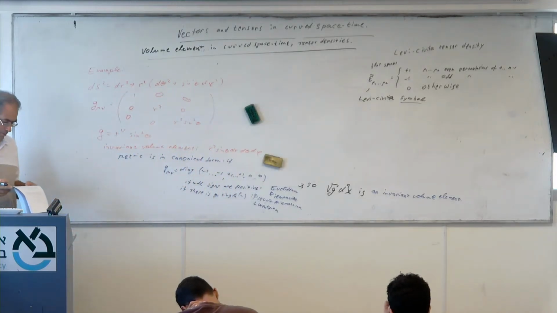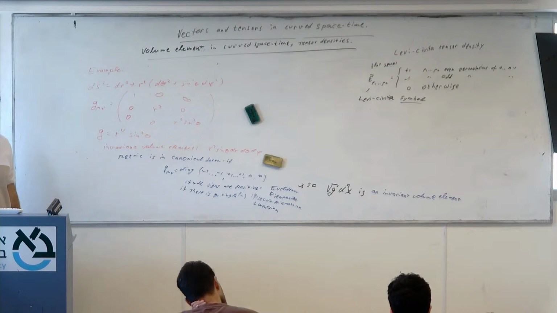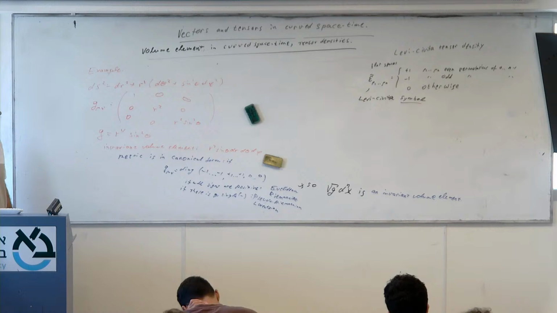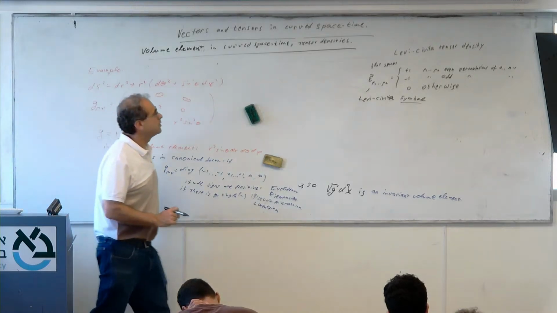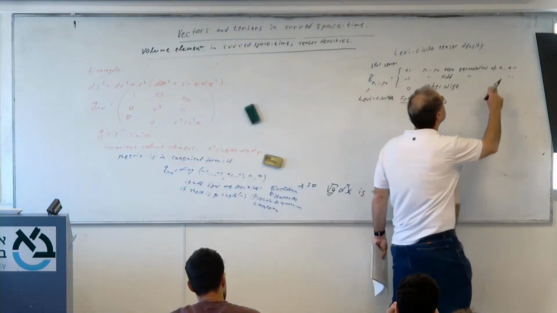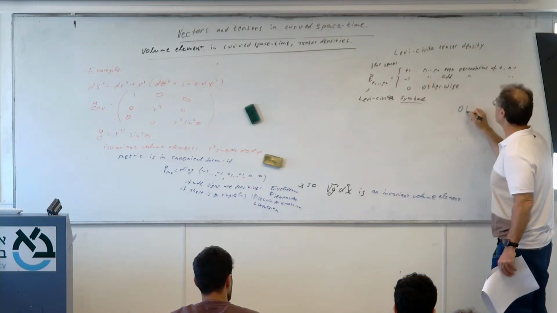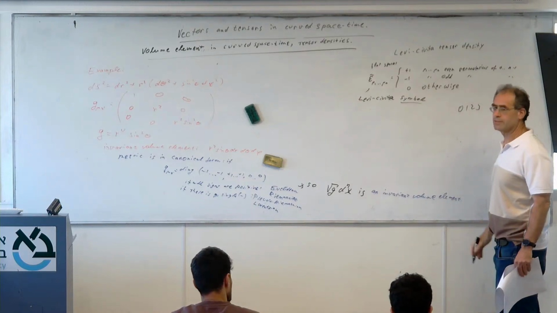I remember learning about this, but what I don't remember is how do we determine odd and even? Odd and even permutations of 0 to n minus 1. Okay. 0, 1, 2, 3 is even.